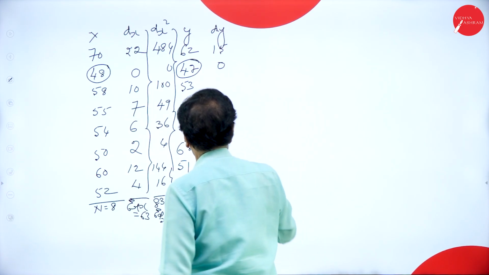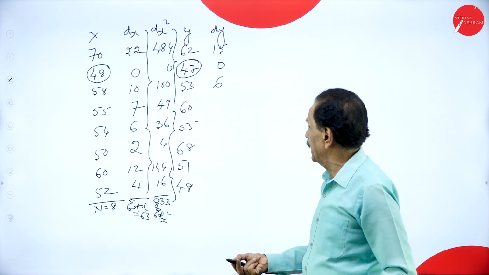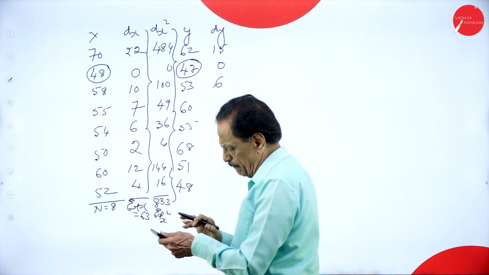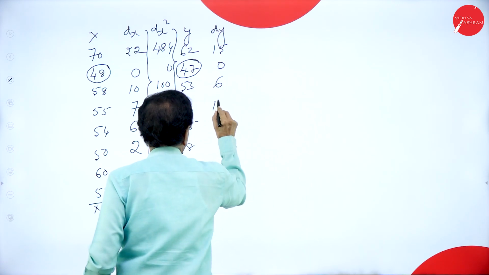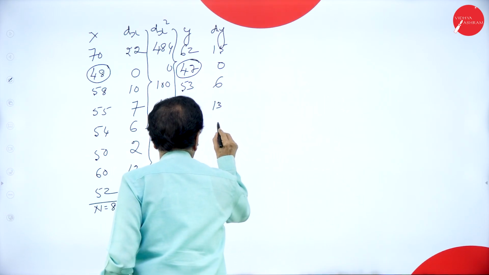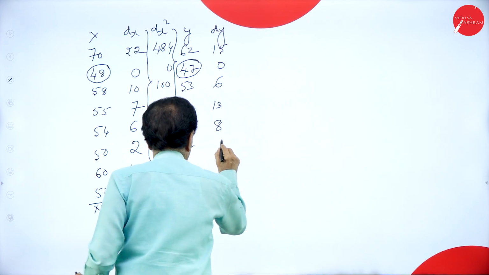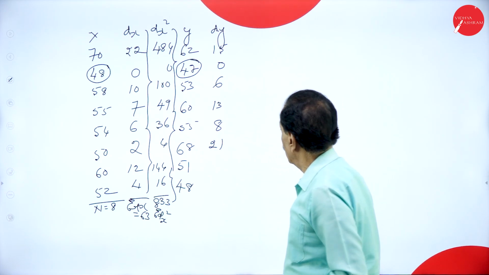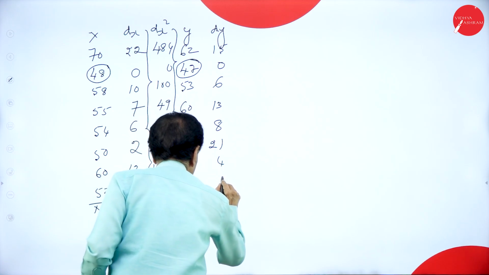This is 53, which means 6. 60 minus 47 is 13. 55 is 8. 68 is 21. Then 51 is 4. 48 is 1.